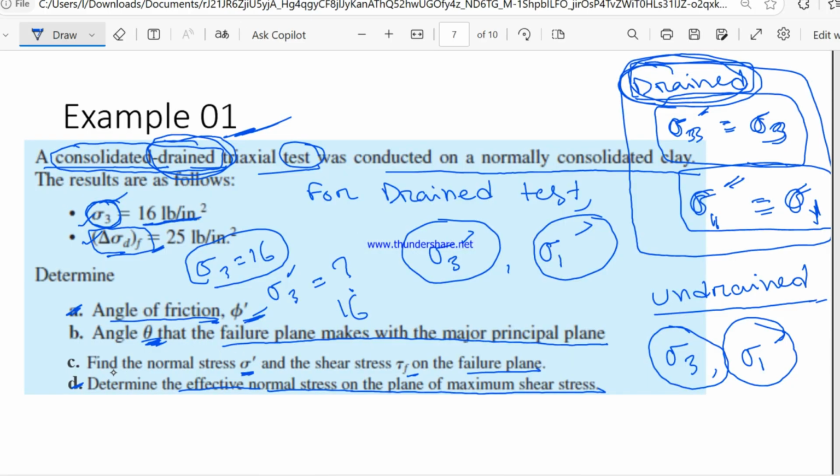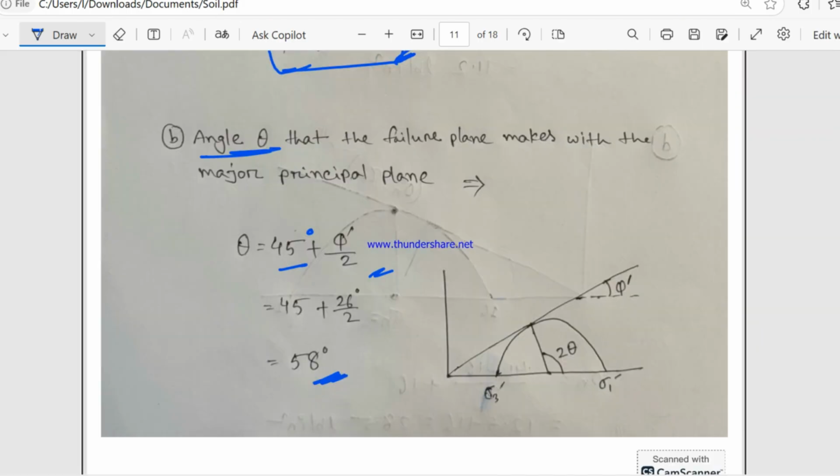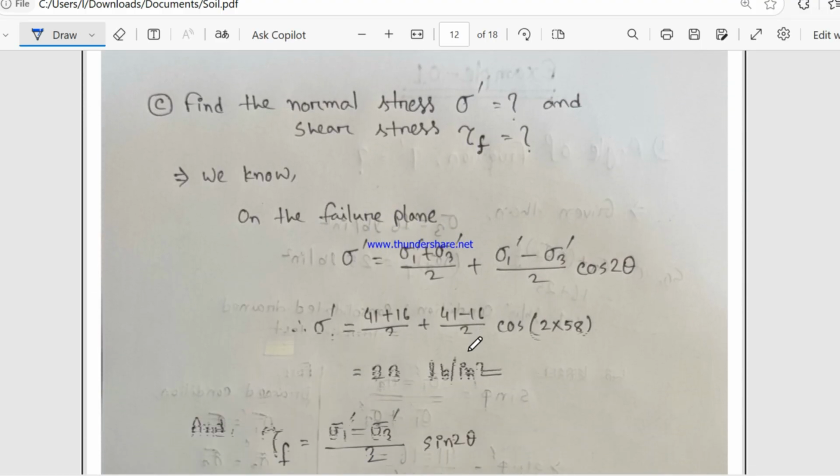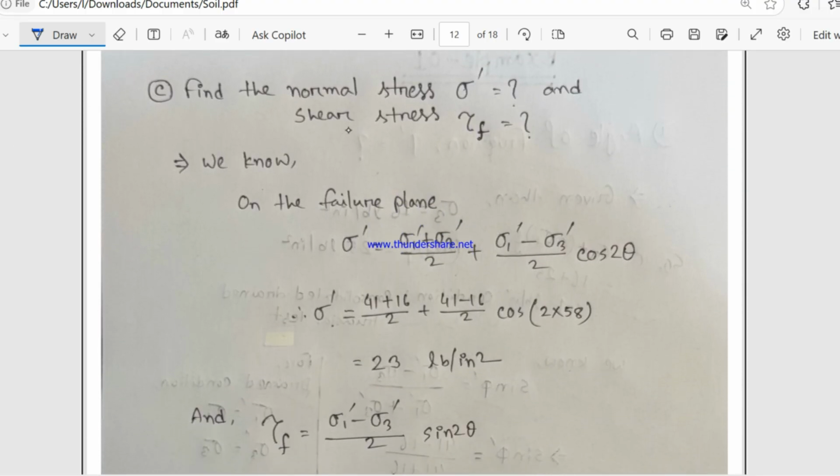The next question is to find the normal stress sigma prime and the shear stress tau f on the failure plane. The formula of normal stress is sigma prime equals sigma 1 prime plus sigma 3 prime divided by 2 plus sigma 1 prime minus sigma 3 prime divided by 2 times cos 2 theta.